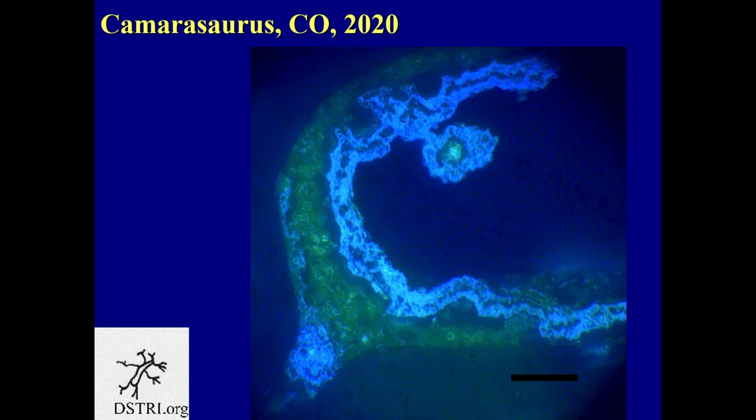But this is from the Camarasaurus. So this is the animal that Dr. Baugh is digging out of the ground in Colorado. And we went there, was that 2 years ago, I think? And we got those specimens, and we did a preliminary test with the UV, and now we believe we've got a project with the Camarasaurus, which is a really big animal. It had that big Diplodocus-like neck and small head, big body, big legs, long tail, probably 35, 40 feet long all told.